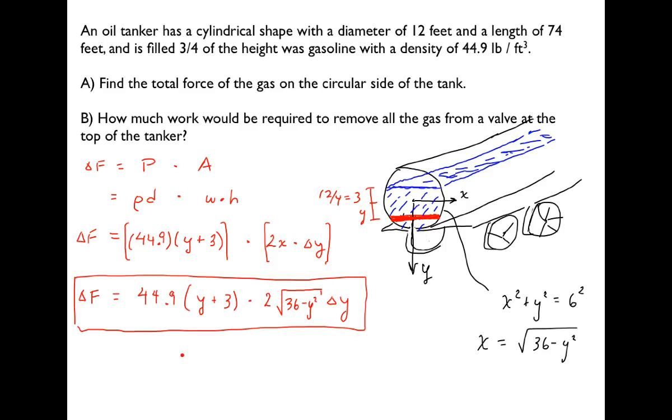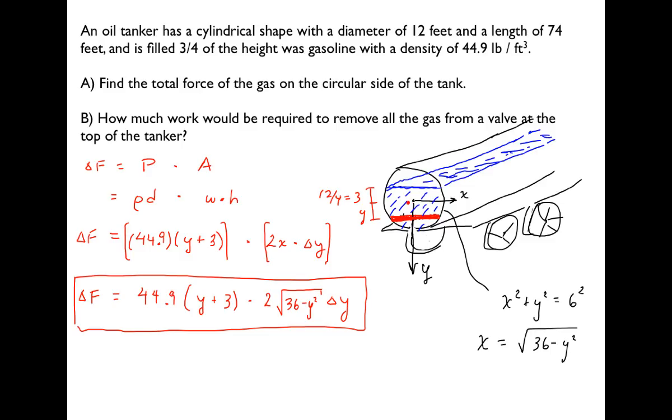Questions? Please. Because we put the center of the circle here, the depth below the surface of a typical strip is not just y. y would be the depth to the center. So there's 3 more feet of gasoline here that I have to add.